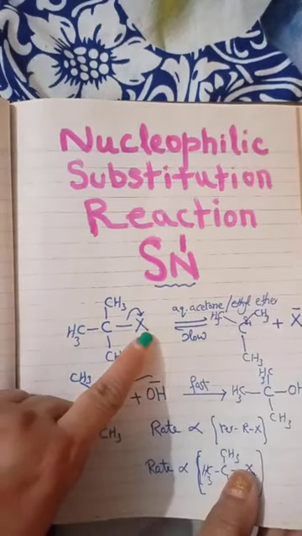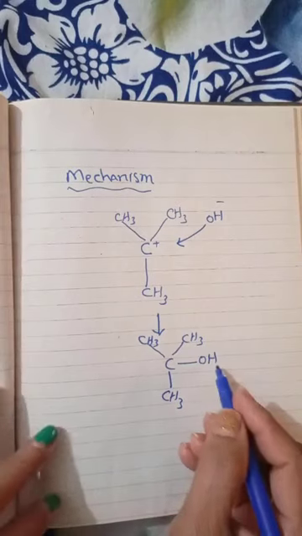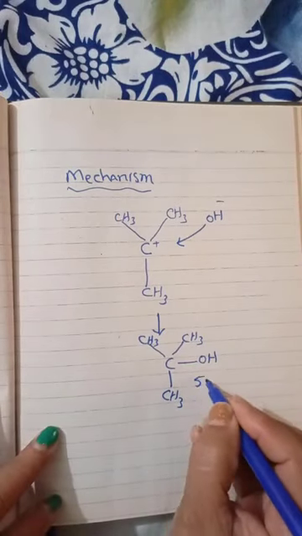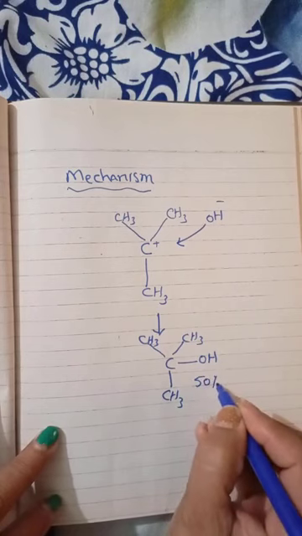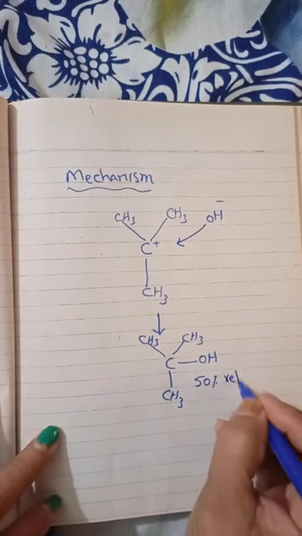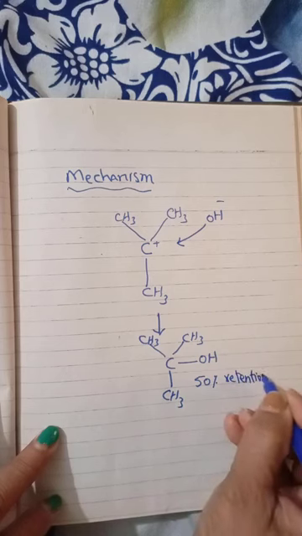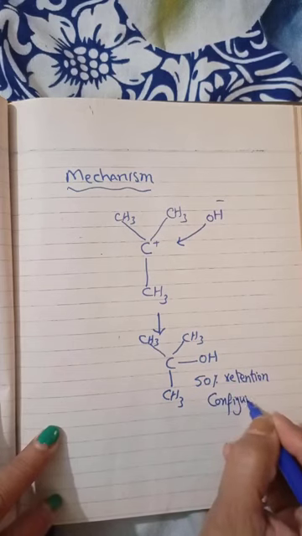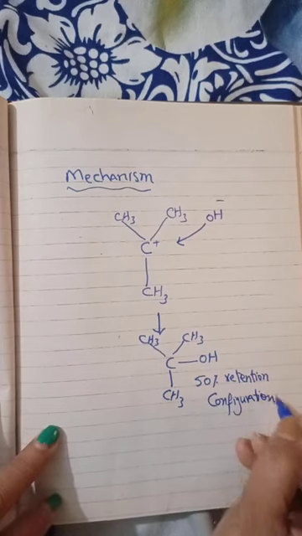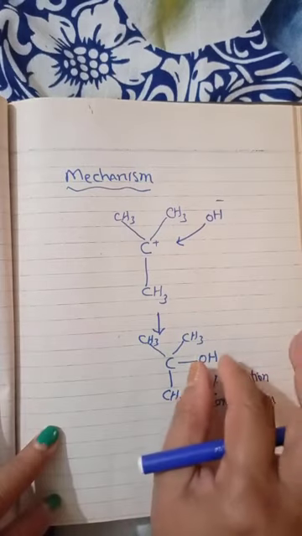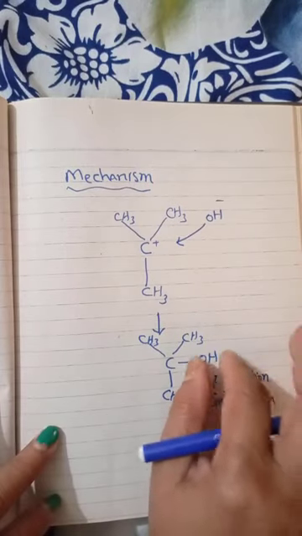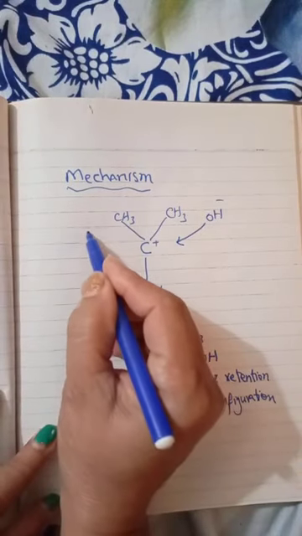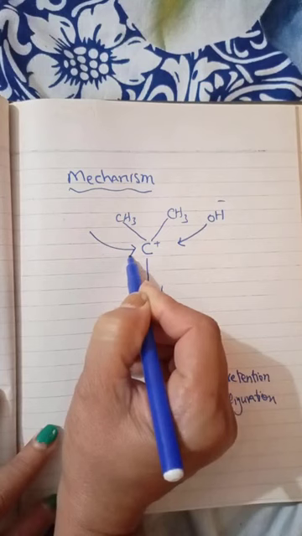This halogen is on the right side, similarly OH is on the right side, and this is tertiary butyl alcohol, and we get 50% retention configuration of the molecule. Retention means it has not changed its shape or position; it remained in the same place.